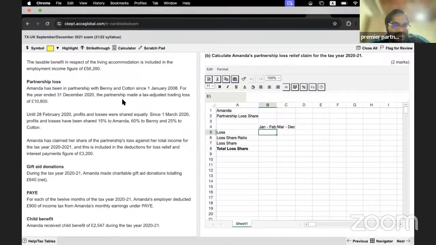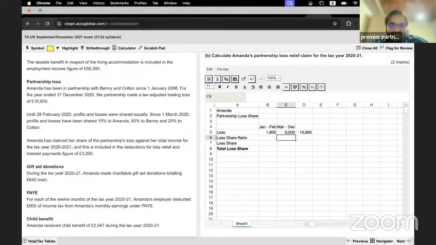Right. So the loss is 10,800. I take that to the side. So I'm going to split this. Divided by 12 into 2 here. Divided by 12 into 10 here.